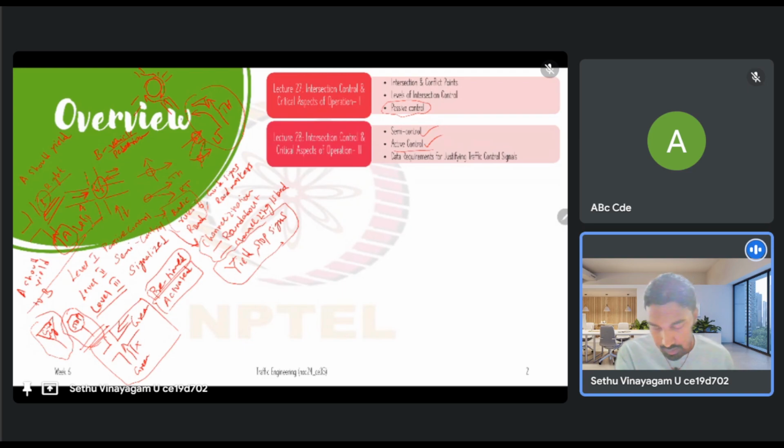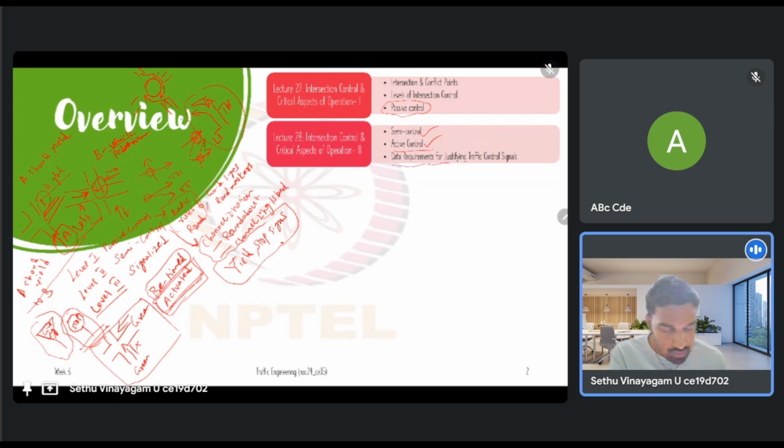If no turning movements are coming, say during a 15-minute period, then there is no need for a phase that gives the signal for left turn or right turn. Only through movements can be allowed. Those kinds of changes are possible in actuated signals, which means that from cycle to cycle there can be variations in the phase sequence and also the cycle lengths. So that is the actuated signal.